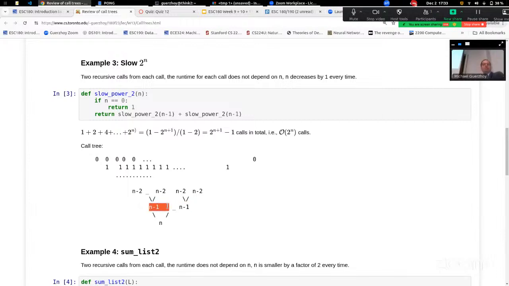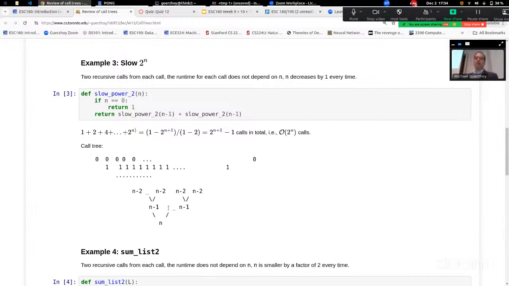So 2 to the n minus 1 also makes 2 calls: 2 to the n minus 2 plus 2 to the n minus 2. And it does the same thing over here as well. And then every one of those also makes 2 calls. So how many calls in total do we have?